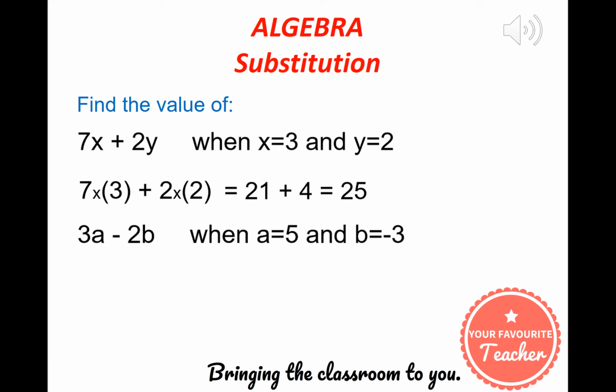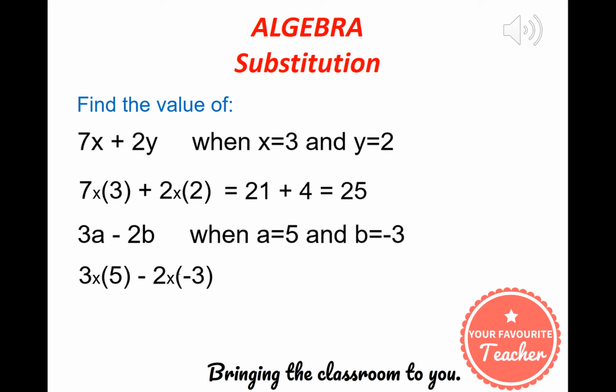The second example is going to introduce negative values. So we have, what's the value of 3a minus 2b when a is equal to 5 and b is equal to minus 3? That means it's 3 times 5 minus 2 times negative 3.